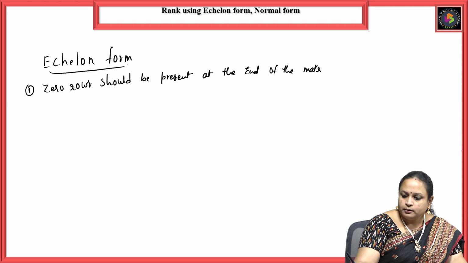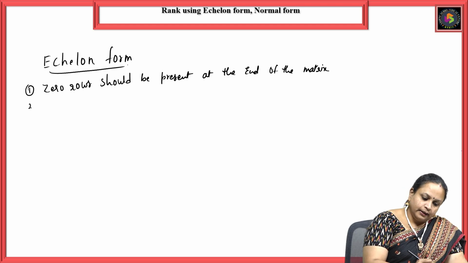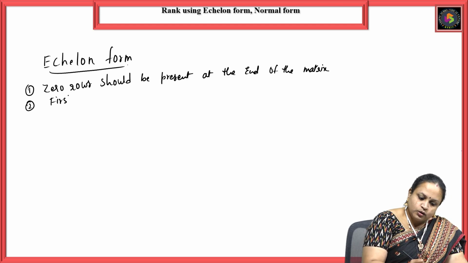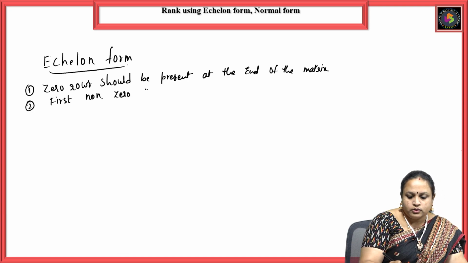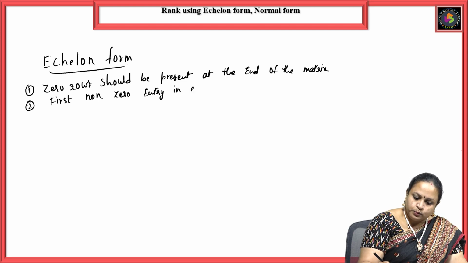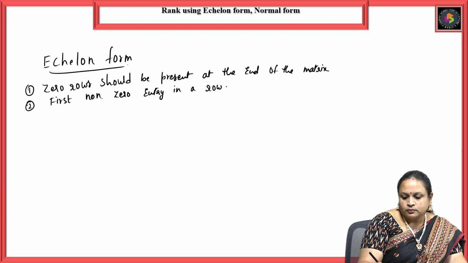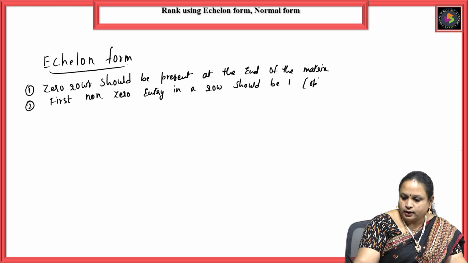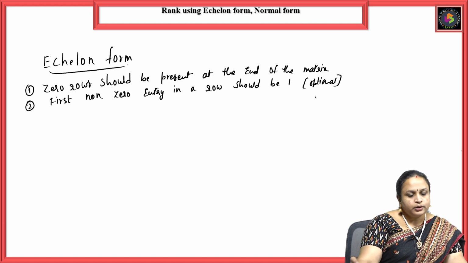The second condition is that the first non-zero entry in a row should be 1, and this is an optional condition. So if we don't have 1 also, it is okay.